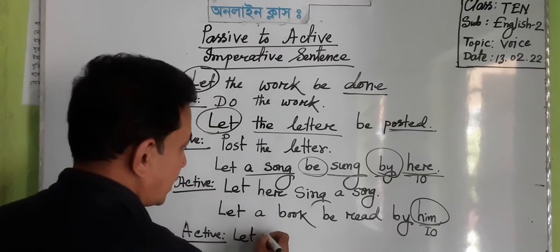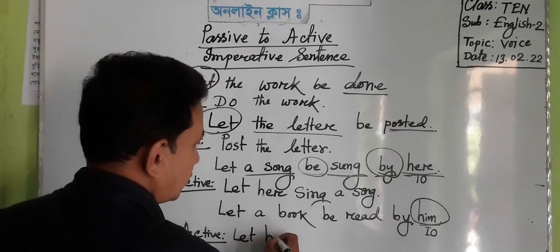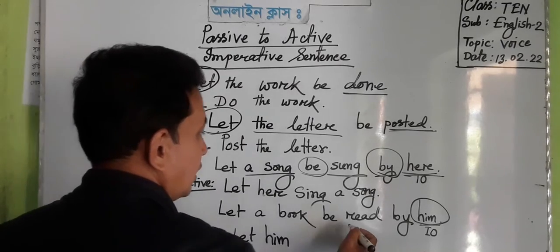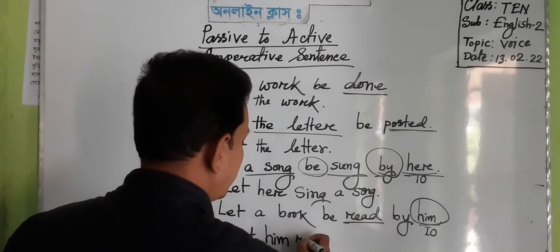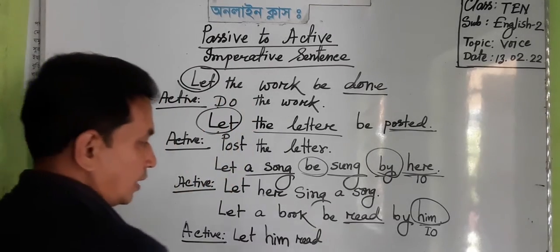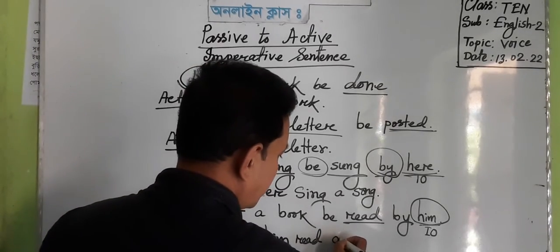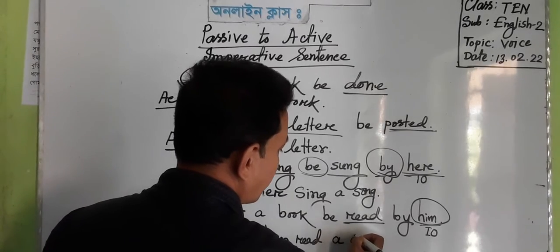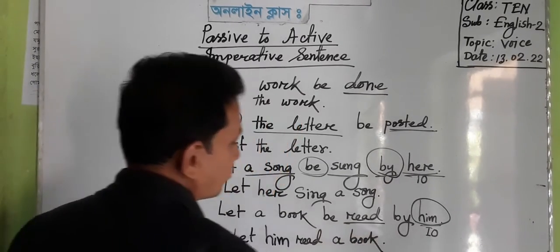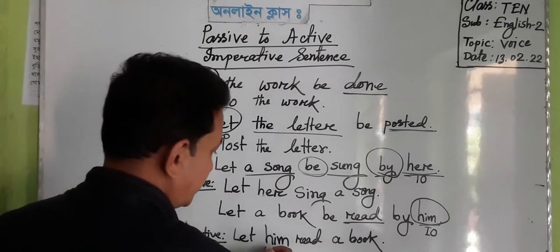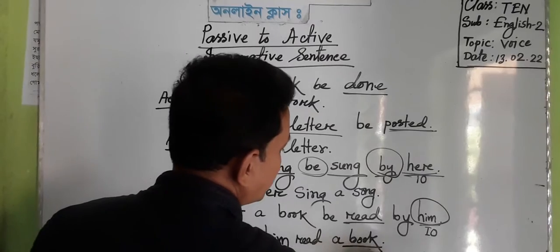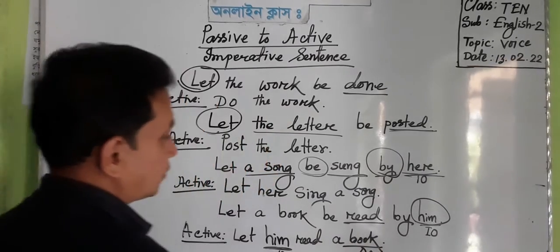Then we should write the indirect object: let him. And then the main verb read: let him read. And then the object, a book. Him is the indirect object and book is the direct object.